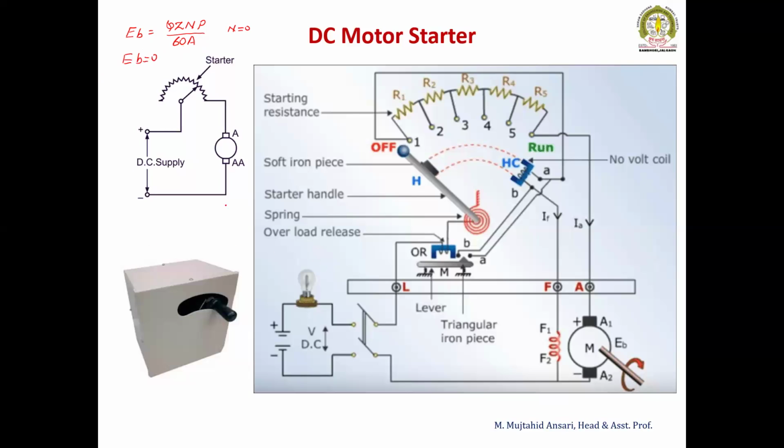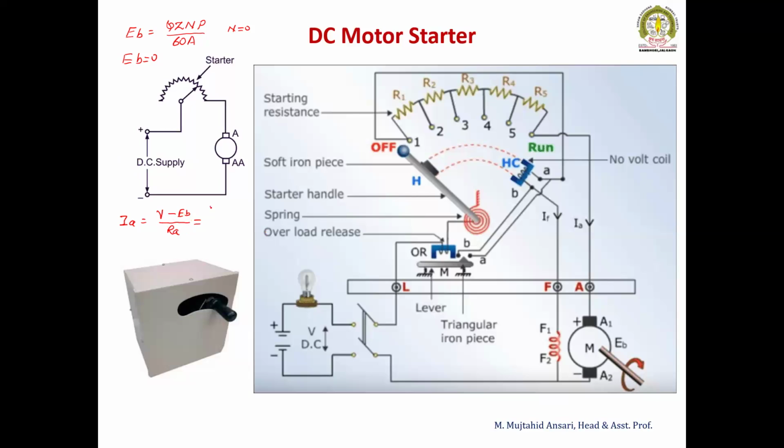Now take a DC shunt motor, where armature current Ia is equal to V minus back EMF divided by armature resistance. The armature resistance is very small, in the range of 0.5 ohm, and the supply voltage, say DC voltage, is 230.